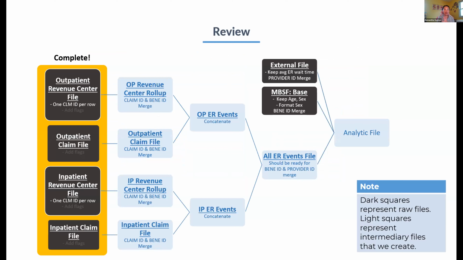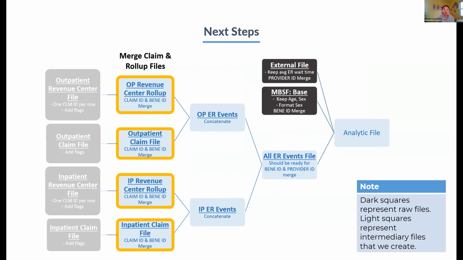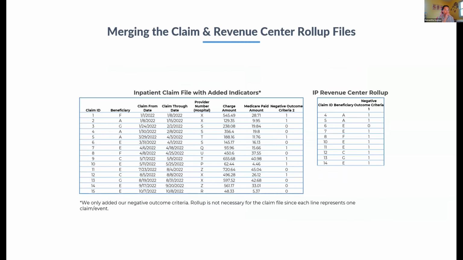So we completed all of the steps in the first column. Now what we're going to try and do is merge the claim and the roll-up files. Here we have the inpatient claim and the inpatient revenue roll-up files.